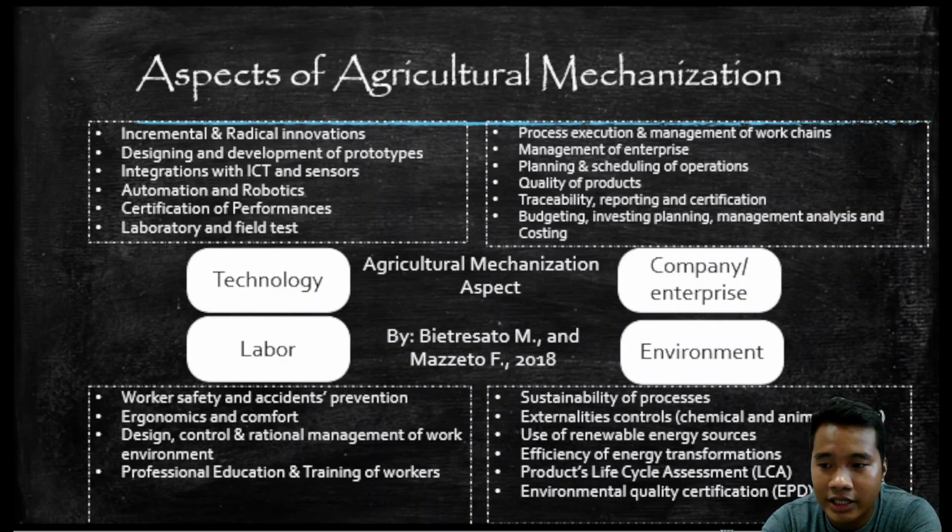Under technology, we have incremental and radical innovations. It is a technology, therefore it is an innovation. The designing and development of prototypes is very important. The integration with ICT and sensors, automation and robotics is also one of the sub-aspects under technology.